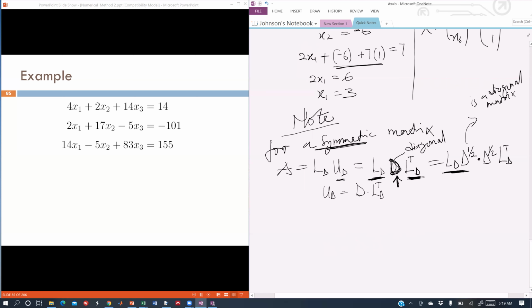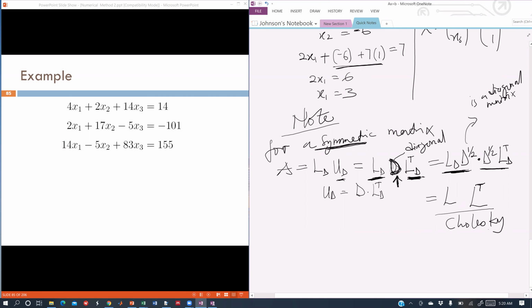So now, if we multiply this and that, you get a certain lower triangular matrix. And when you multiply these two, we'll get a certain upper triangular matrix, which is the transpose of the lower triangular matrix. And this decomposition, as we know from the beginning, is what is known as the Cholesky decomposition.